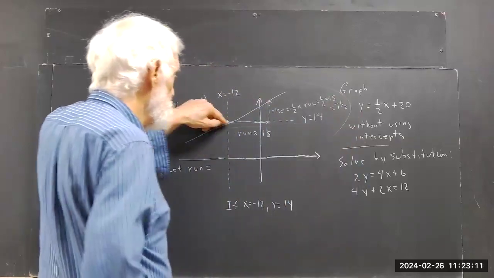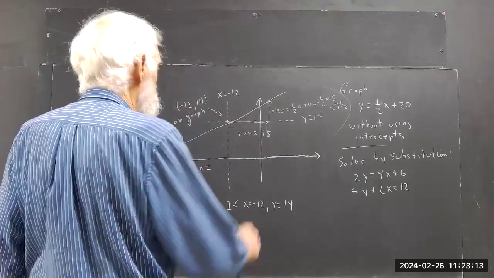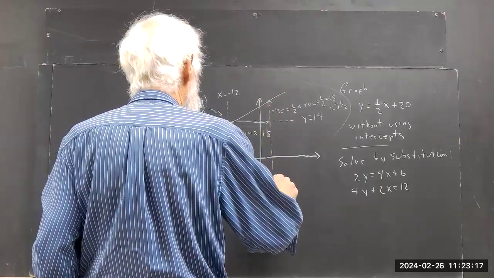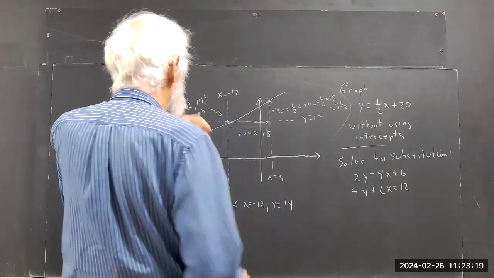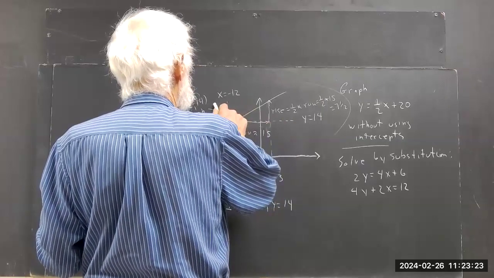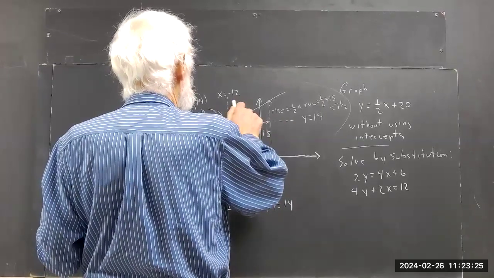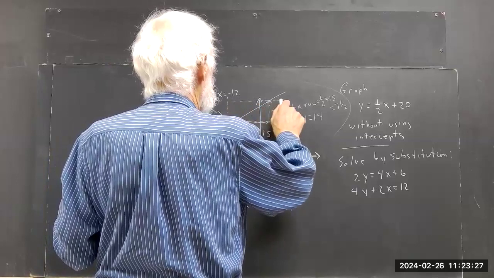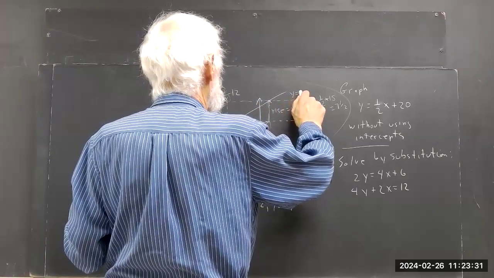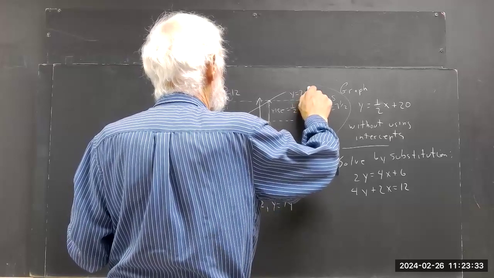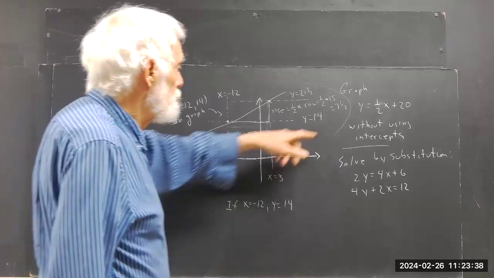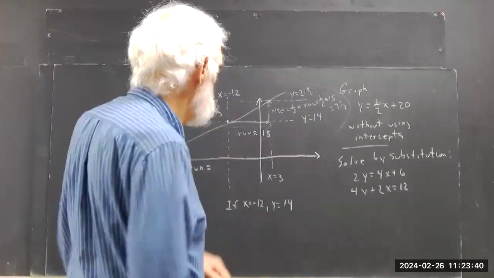If we start from this point and run 15, that'll take us out to where x equals 3. And from y equals 14 up to this point, this line should probably be about y equals 21.5. If I add 7.5 to 14, I get 21.5.